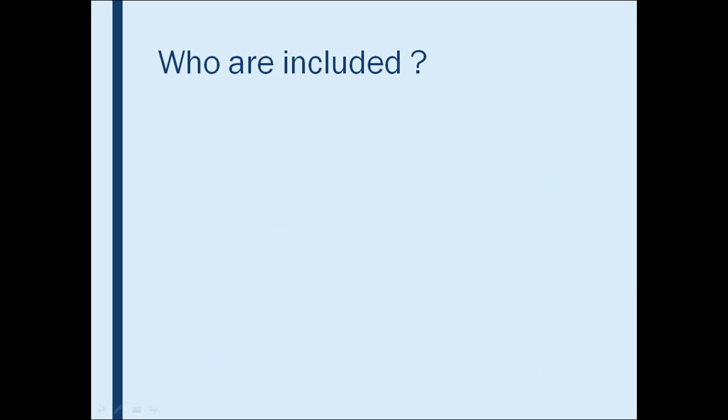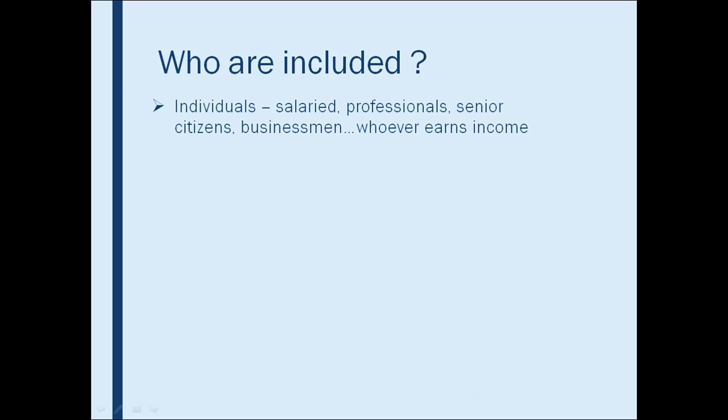Now, who is included in the income tax? So broadly, what are the categories of taxpayers? There are various categories, like individuals. Individuals is a very common understanding. It means a natural human being: salaried professionals, senior citizens, businessmen, whoever earns income will be captured under individuals.